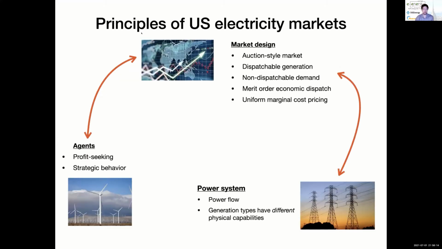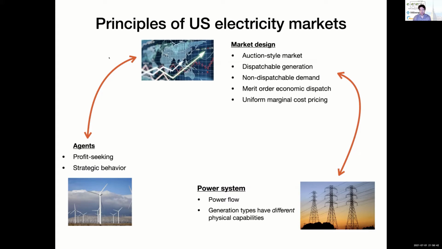Start with a brief overview of at least US electricity markets, and I think some principles are shared with European and Australian electricity markets as well. So at the top, we have some principles of the market itself. First among these is an auction-style market where participants submit bids and a system operator returns a dispatch. Key to this auction is that the generators are dispatchable.